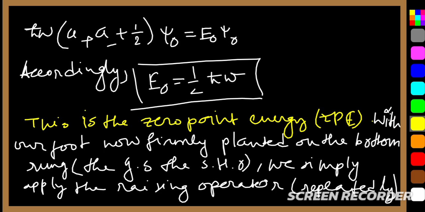So this is the zero point energy, with our foot firmly planted on the bottom rung, that is the constant of the simple harmonic oscillator.